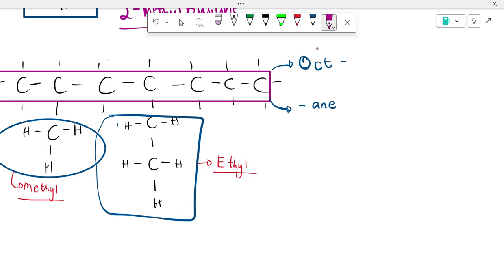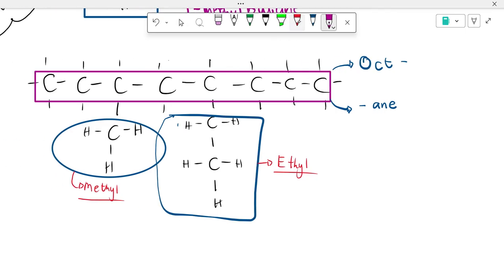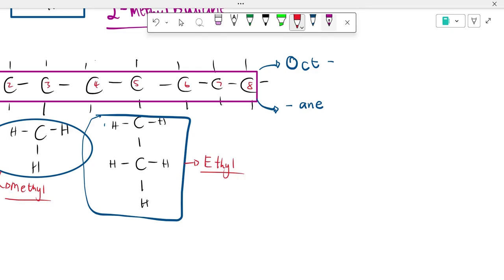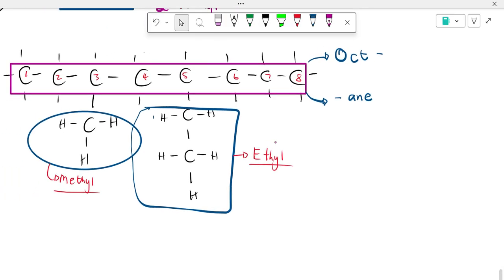The IUPAC name of this compound will then be, sorry, let me number these first. That would be number one, two, three, four, five, six, seven, and eight. Now guys, please name it with me. On which carbon is my ethyl found? On carbon number 5.